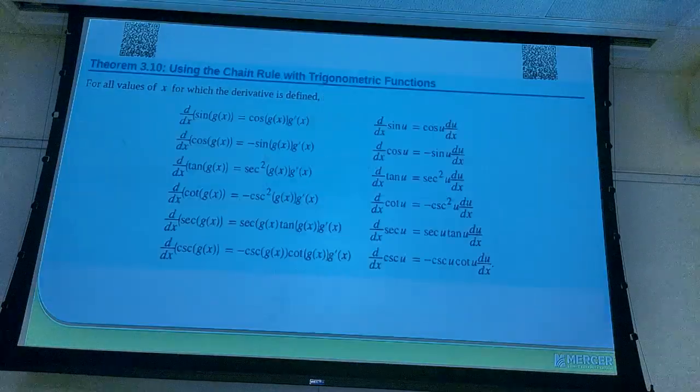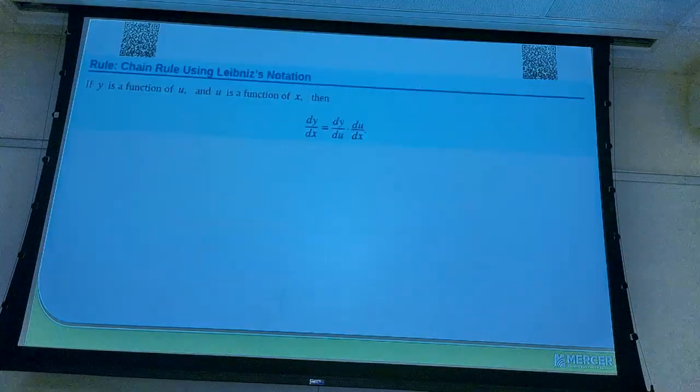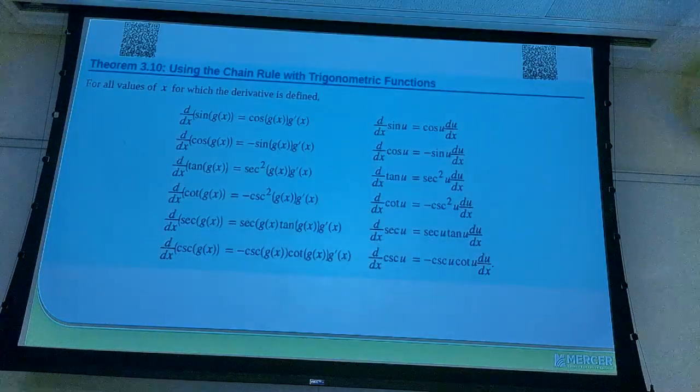And then the trigonometric derivatives in their general form. That's just the Leibniz notation, which I already went over. It's probably going to be these general forms that I use the most.